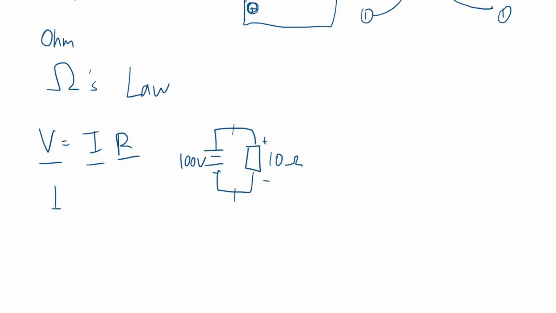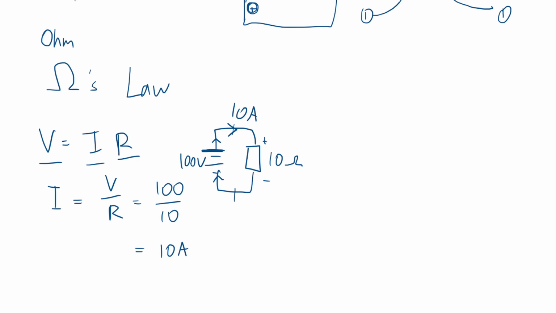We can solve for current as voltage divided by resistance, and in this example it would be 100 volts over 10 ohms, giving us 10 amps flowing through the circuit. And I drew it that way because conventional current flows from the positive terminal around towards the negative terminal.